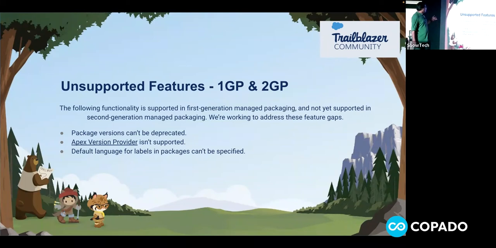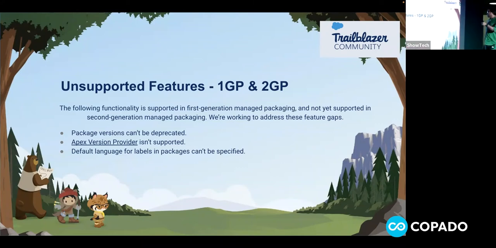Second, Apex version provider isn't supported, and the most important, I think, is that the default language for labels isn't specified yet. So these are the 3 things that you need to be aware of. Multi-language will be an issue that you have to be careful about. But maybe in upcoming features, you will have this solved. So keep looking, and maybe 3GP will come. Who knows?